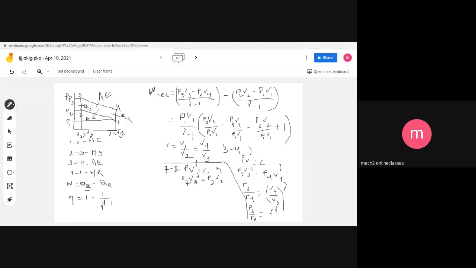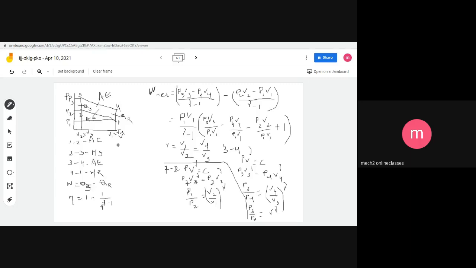So when I extract this, I can write P1 by P2 is equal to (V2 by V1) to the power gamma. So P1 by P2 we extracted here. I want P2 by P1, so it's in reverse.